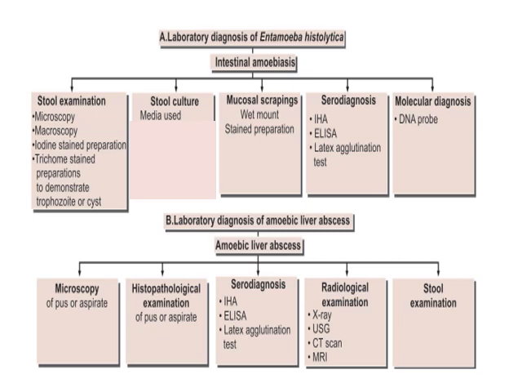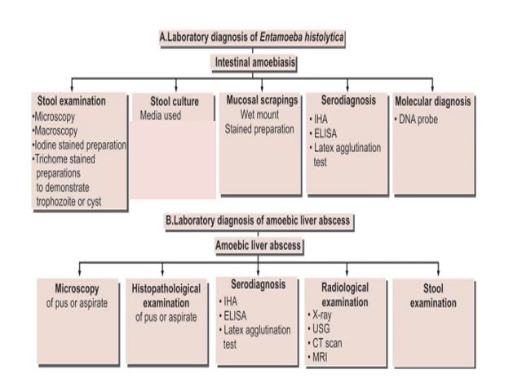The diagnosis of Entamoeba histolytica: we have intestinal amoebiasis. We can diagnose by stool examination. We have micro and macroscopic identification. After iodine or trichrome stained slide, we can demonstrate trophozoite and or cyst. Also, we have stool culture and special media.